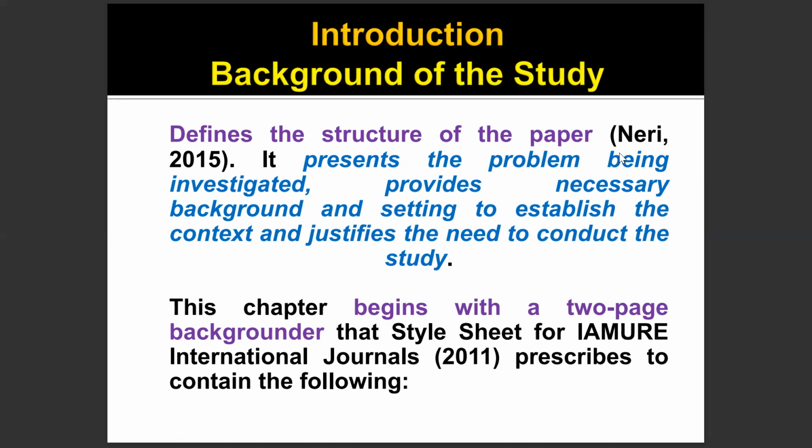This chapter begins with a two-page backgrounder that the style sheet for IMUR or International Journals 2011 prescribes to contain the following. So this must have the following, like an inverted triangle from general to specific. This will be the important part of our background of the study.